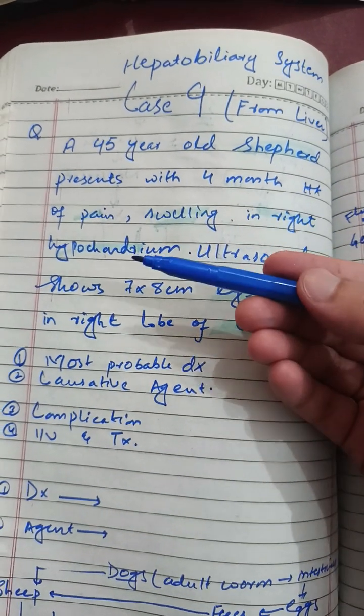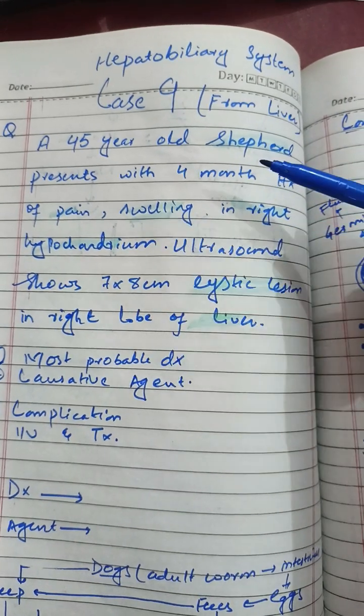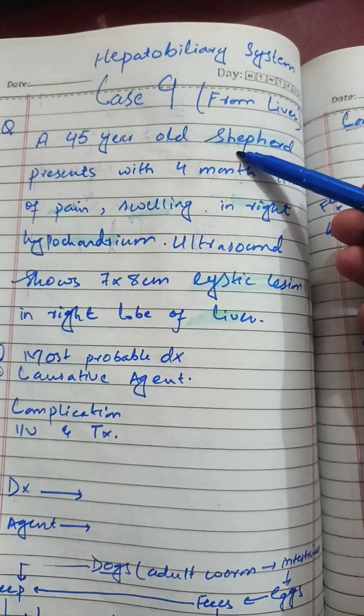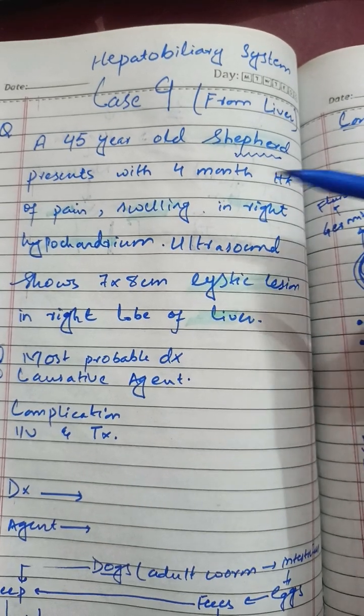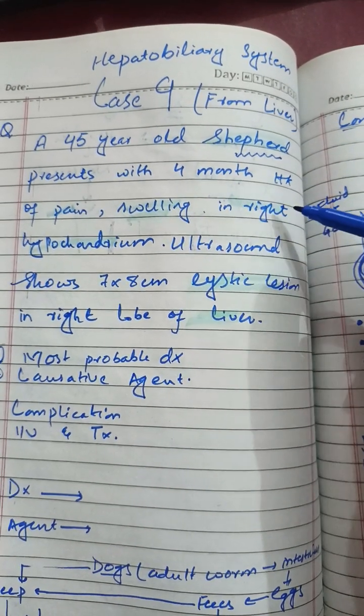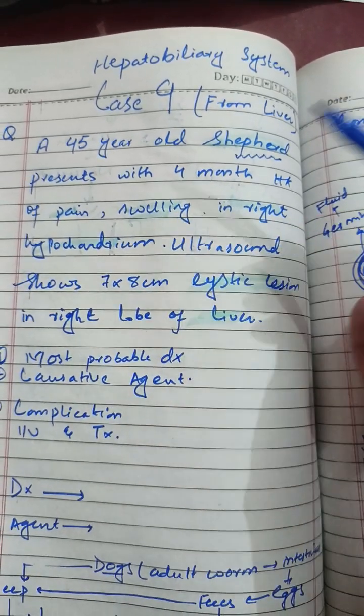Now we know that there are two types of cystic swelling that occur in the liver: one is amoebic cyst and the other is hydatid cyst. As the patient gives a history that he is a shepherd working in a sheep grazing area, and a prolonged history of pain and swelling with no history of fever and rigor, our diagnosis is hydatid cyst.